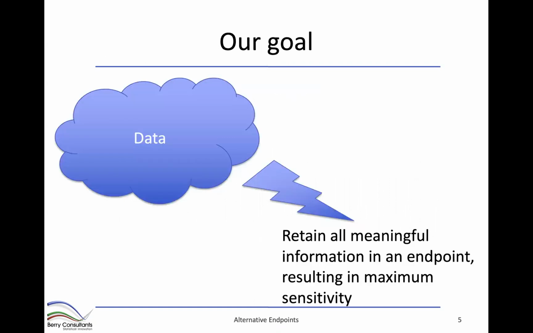In this kind of figure, our goal is that we've got this big cloud of data that we've observed, or we're about to observe, and we want to retain all the meaningful information in that endpoint. By retaining all of the information, we're trying to maximize our sensitivity. So we don't want to use something that doesn't have meaning. We don't want to use an unvalidated marker, but we'd like to be able to get, for example, more than mortality if there's something more than mortality in our data.